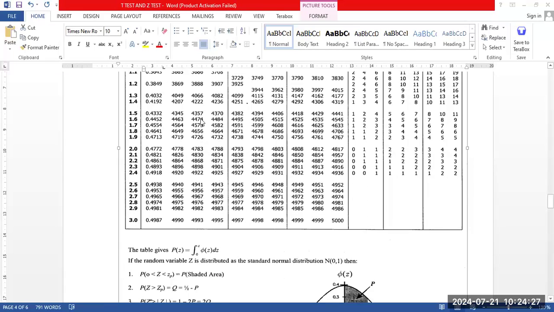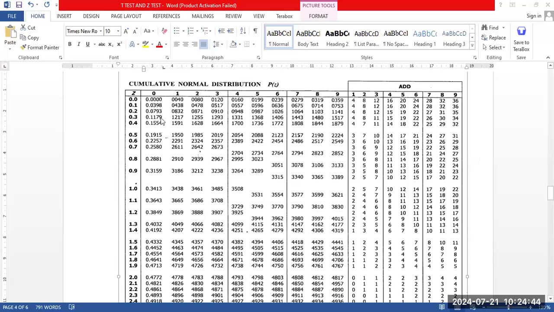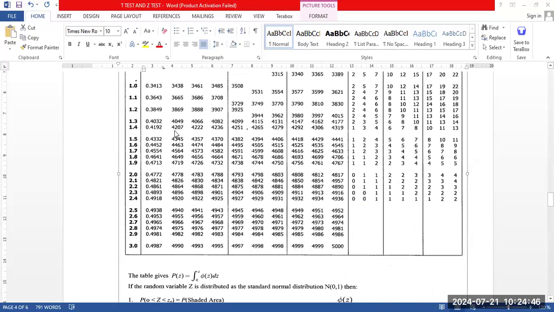Your focus should be to start from where you have 47. You should not start from here. Immediately go to where you have 47, and now start analyzing.